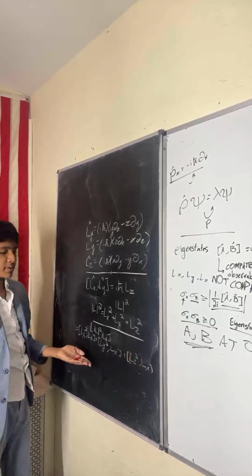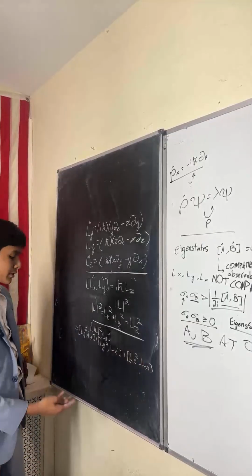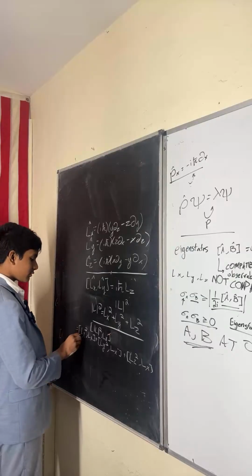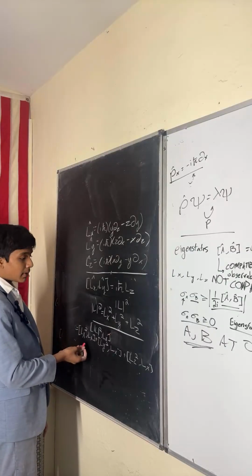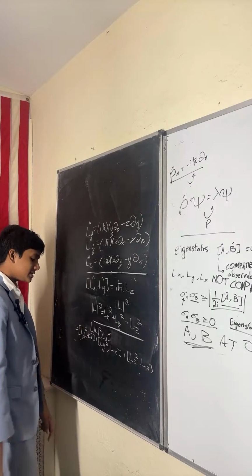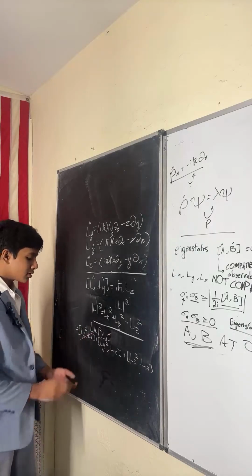This is just the distributive property looking a little bit weirder. Now, what we're going to do is, first of all, figure out this is just Lx cubed minus Lx cubed. Operators always commute with themselves, which means this is just going to be 0.